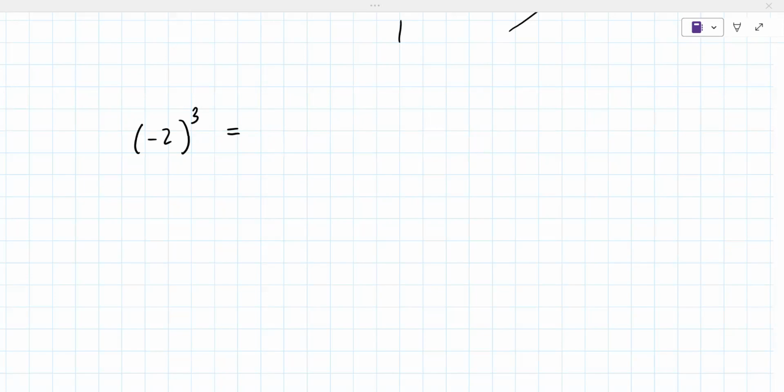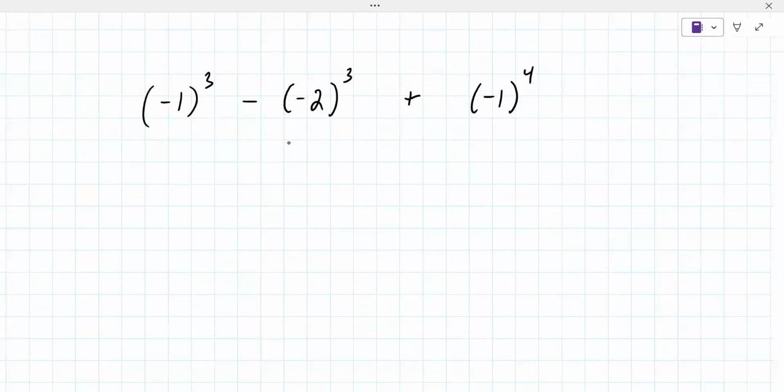It would be -8. Okay, good. We're going to use that in this next problem. Let's go: -1 cubed minus -2 cubed plus -1 to the fourth.